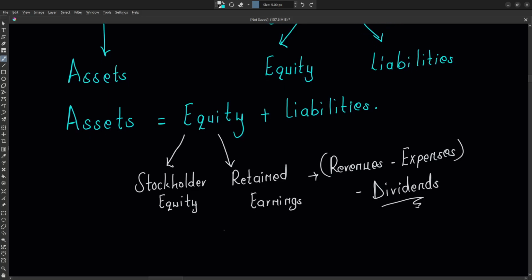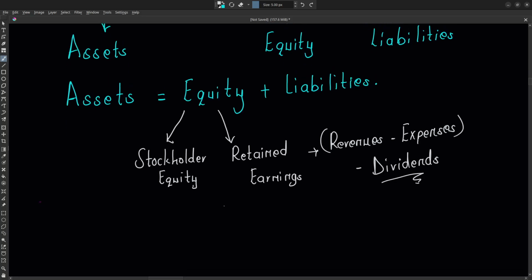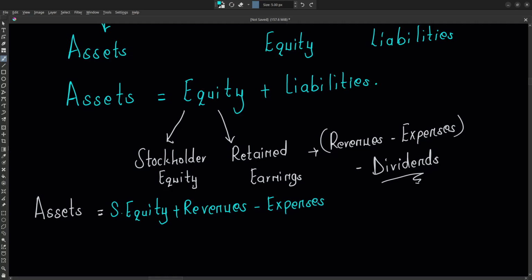So how will this equation look? We're going to have assets equals to, now for equity, we are going to have the stockholder equity. Now to represent retained earnings, we're going to have plus revenues minus expenses, okay?